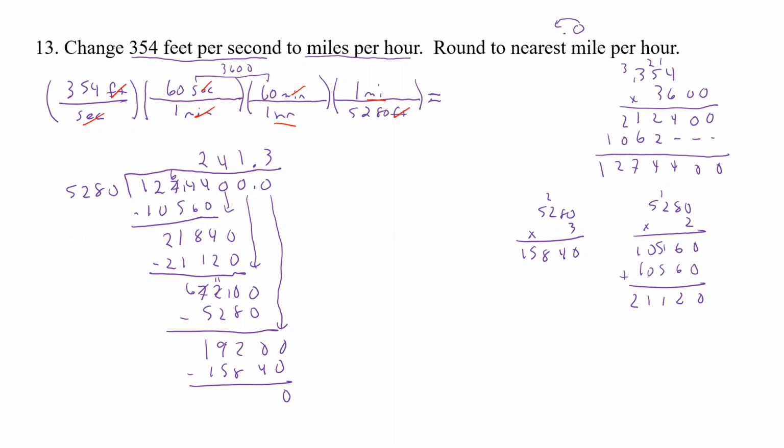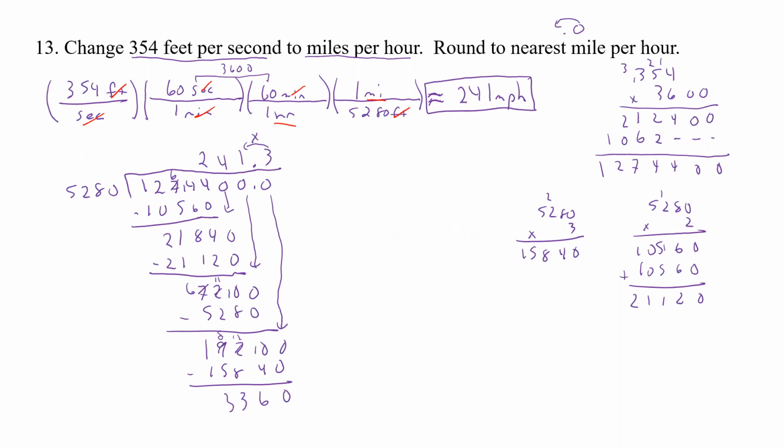So that's a 0. So that's 8. That's 11. So 10 minus 4 is 6. 11 minus 8 is 3. And 8 minus 5 is 3. So that looks good. So that does not round up. And so this is approximately 241 miles per hour. Okay. Again, it's approximately.